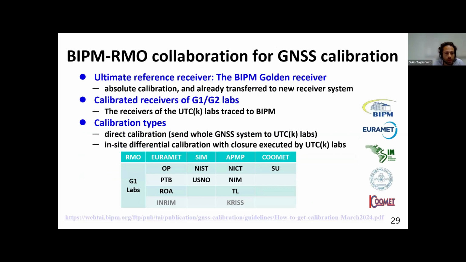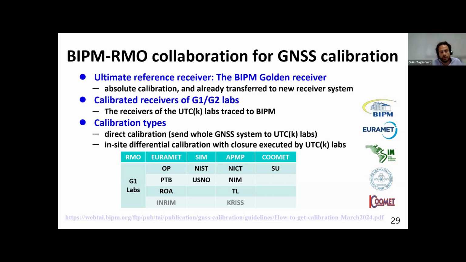As we have seen, the G1 calibration is done by the BIPM, and the reference is one of the BIPM receivers. The reference value is based on a series of absolute calibrations done in the past, and the values of this receiver are checked for stability with all of the receivers in the G1 labs to check for variation, and if any variation is detected, the reference value is changed.